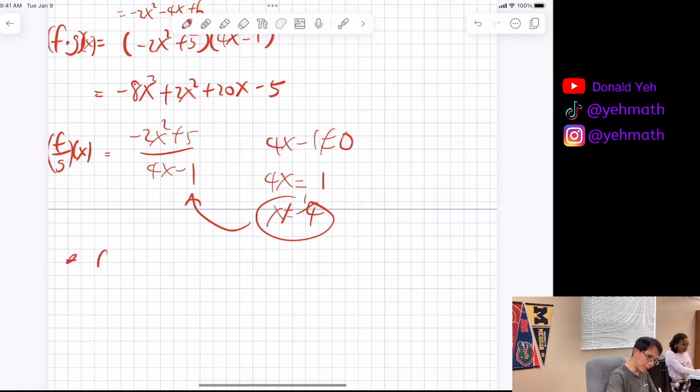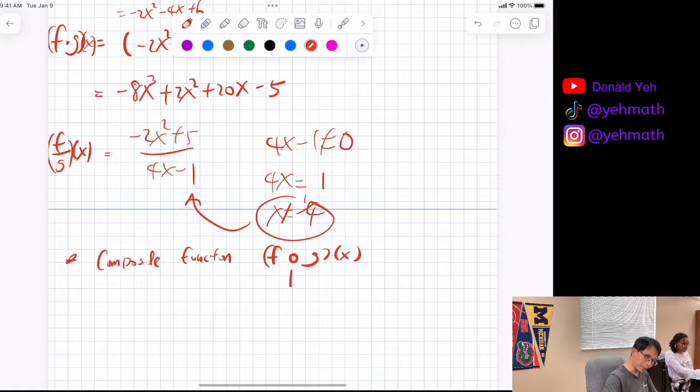What is a composite function? It is f of g of x. This is read like this: every time you have parentheses, it's "of." So it's f of g of x.